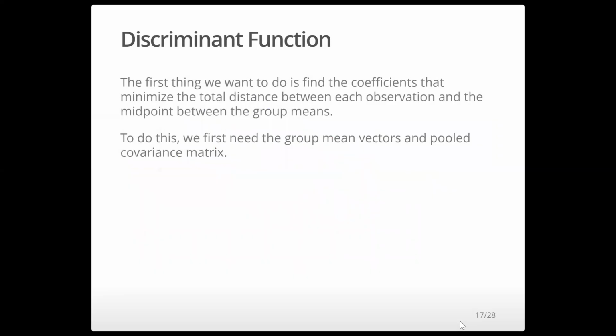or two normal distributions. So the first thing we want to do is find the coefficients that maximize the mean differences. To do this, we first need the group mean vectors and the pooled covariance matrix.